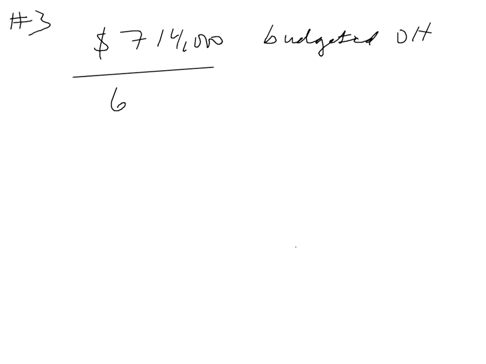Number 3, we're also doing a predetermined factory overhead rate, but instead of basing it on direct labor dollars, we're basing it off of machine hours. So the question tells us that we budgeted overhead, we estimated overhead to be $714,000. And we estimated machine hours to be 68,000 machine hours.